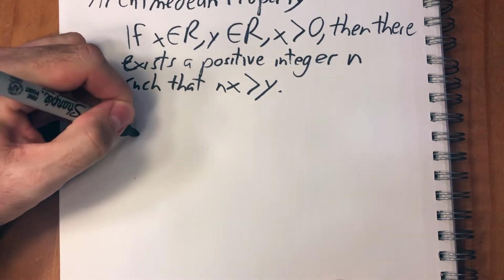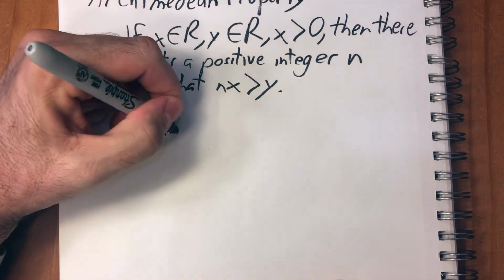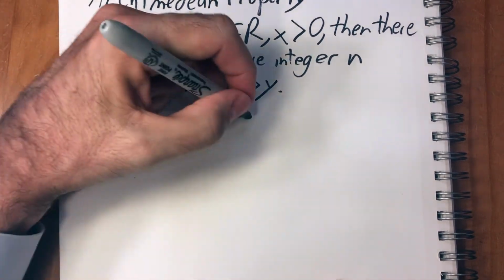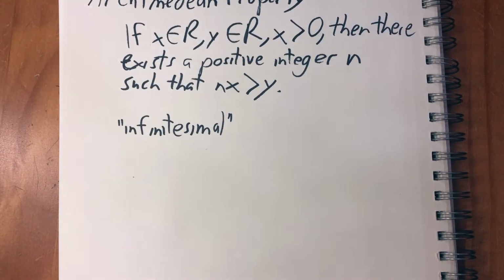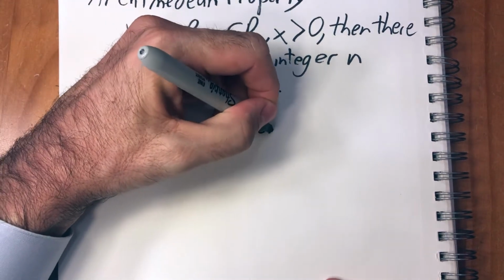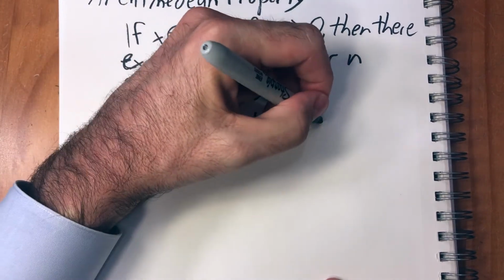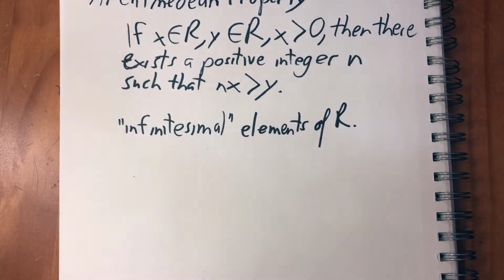What that is expressing is that there are no infinitesimal elements of R. In other words, they all have size in some sense.